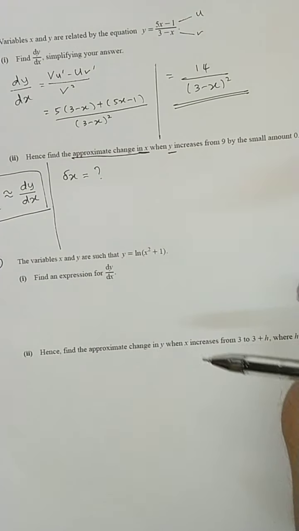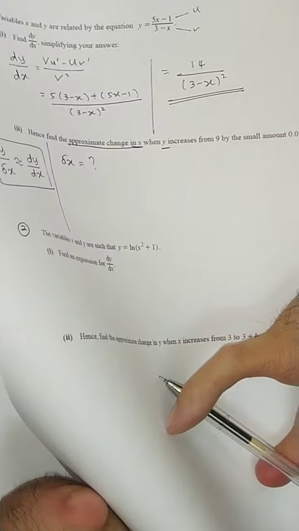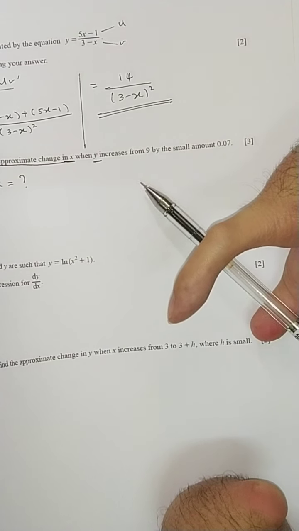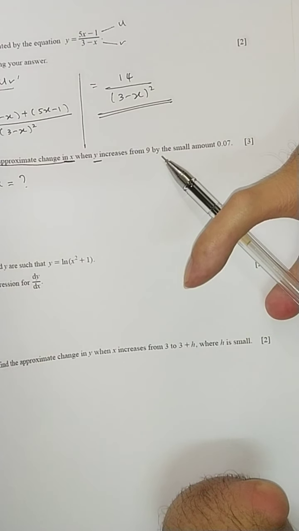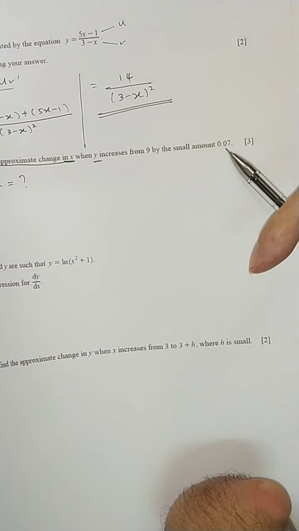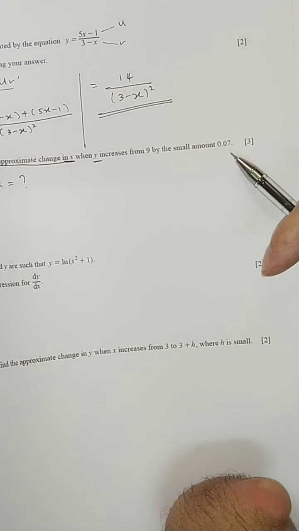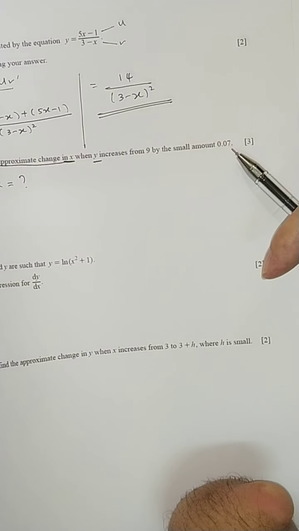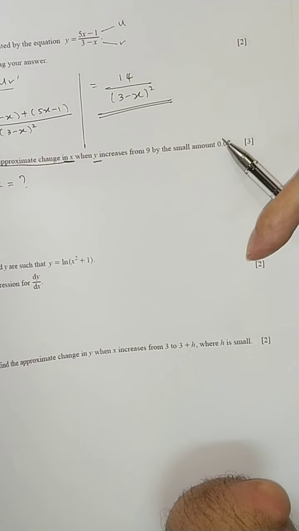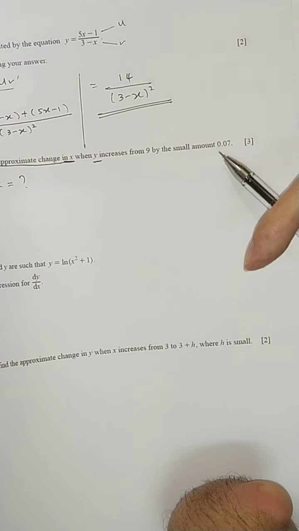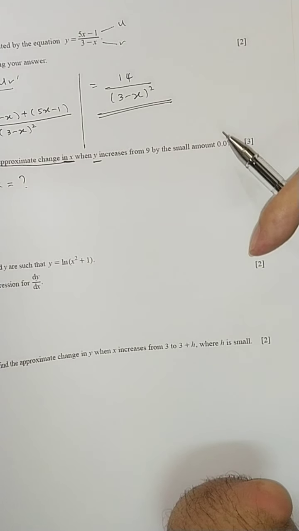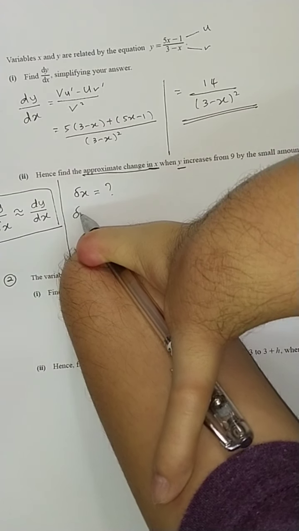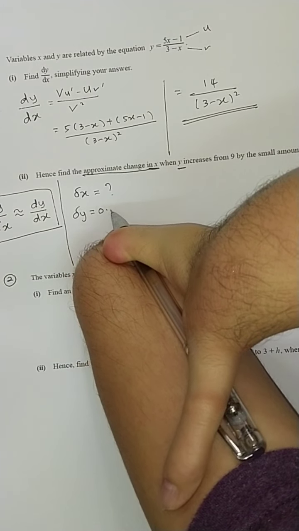From the information, it says that y increases from 9 by the small amount 0.07. This 0.07 represents the change happening in y. In another word, this 0.07 we call delta y. So I will just write down over here: delta y is equal to 0.07.